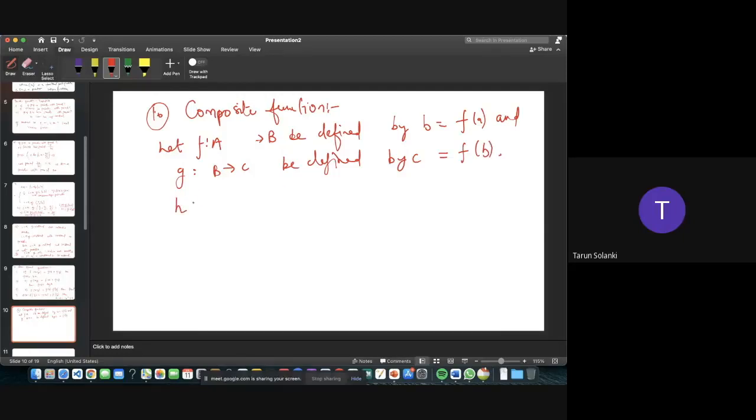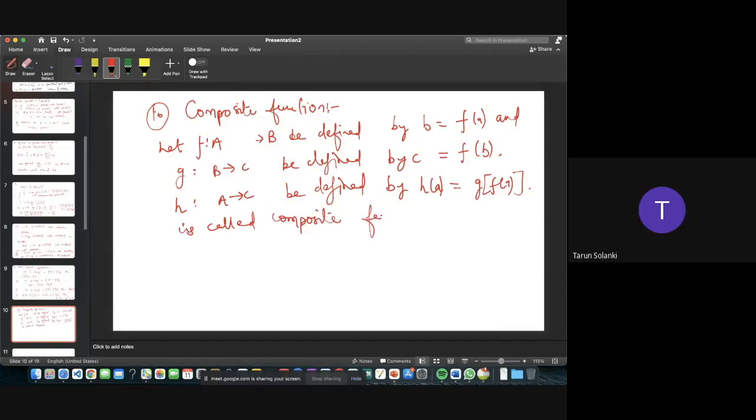Now let h from A to C be defined by h(a) equal to g(f(a)), right? So this is called a composite function.